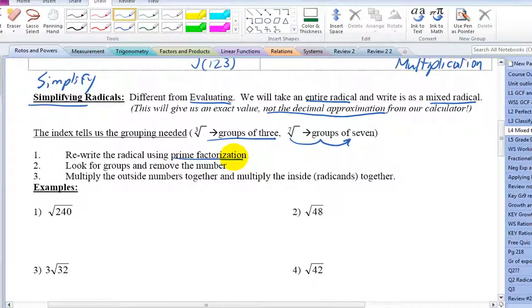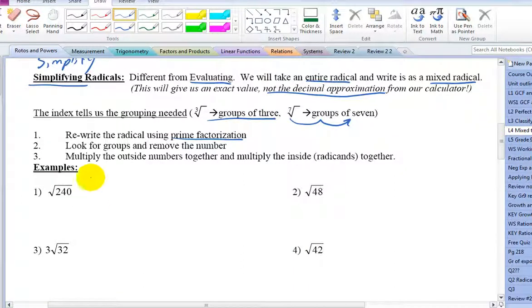Now sometimes it's easy, right? Like if you have 144, the square root of 144 equals square root 12 times 12. No big deal, equals 12. But if you have some you don't know, then what we do is we prime factorize. Just divide this one by 2, divide by 2 again, divide by 2 again, divide by 2 again.